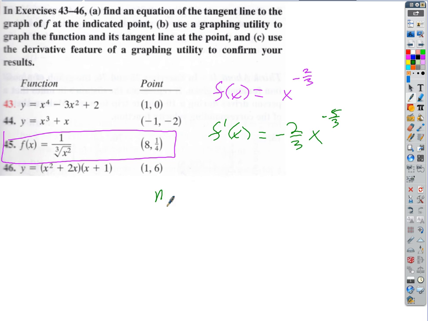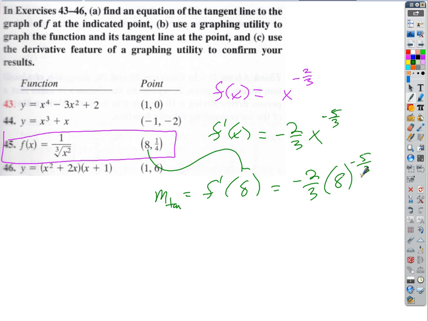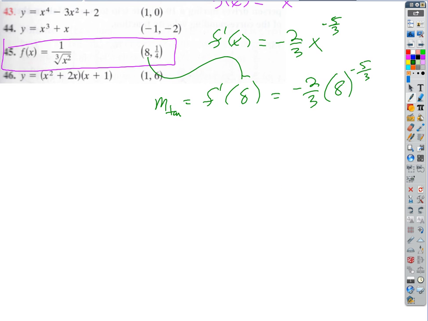The slope of the tangent line is just equal to f prime of 8, right? So I get negative 2/3 times 8 to the negative 5/3. Well, what's that going to be? So I get a negative 2 on top, a 3 on the bottom. I get an 8 to the 5/3 on the bottom.